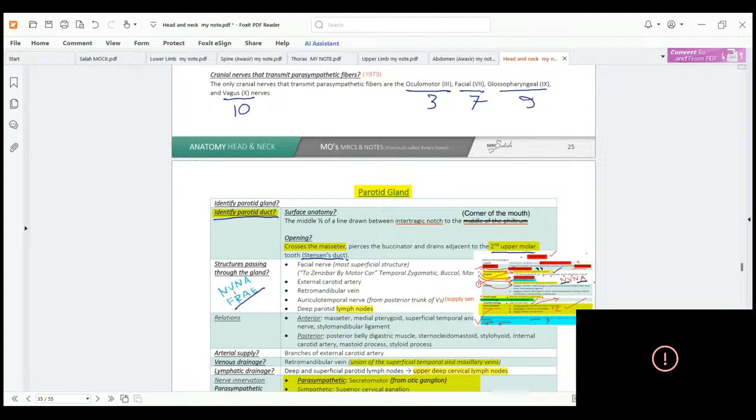No. Facial nerve is most superficial, then the external carotid artery, retromandibular vein, auriculotemporal nerve, deep parotid.